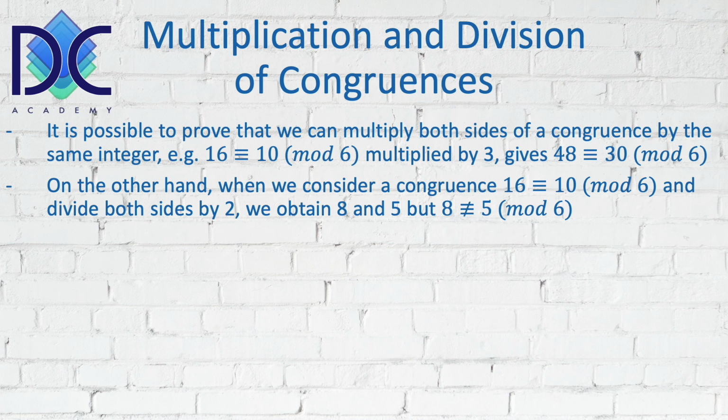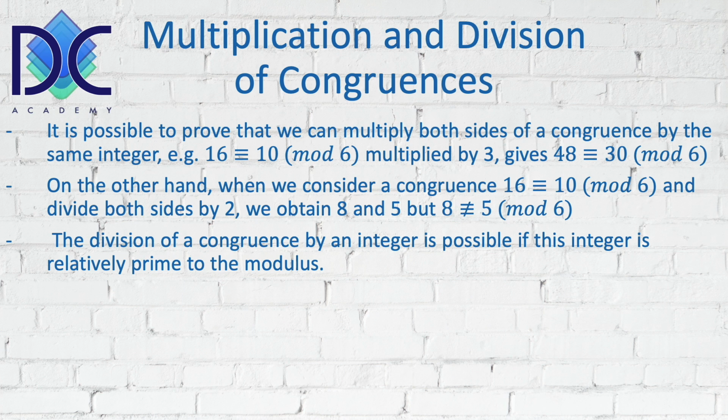No, that's not possible. So basically the congruence is not kept, and we have to say that 8 is not congruent with 5 modulus 6. Dividing the left-hand side and right-hand side by 2 is basically not keeping the congruence.